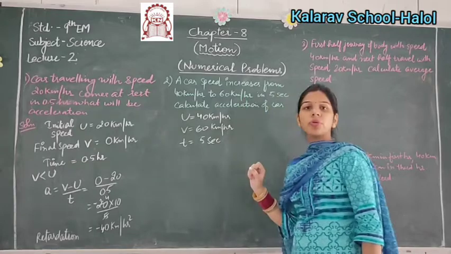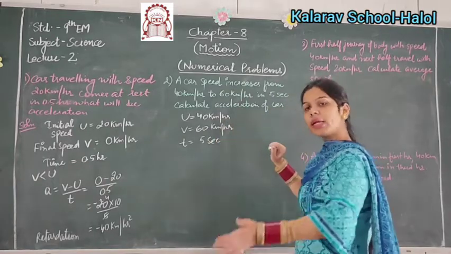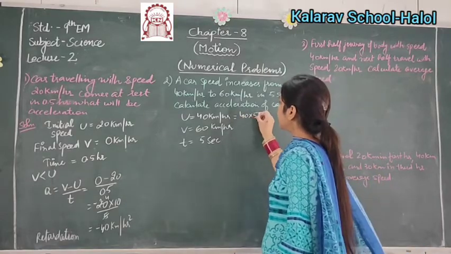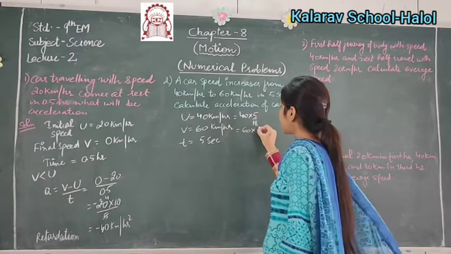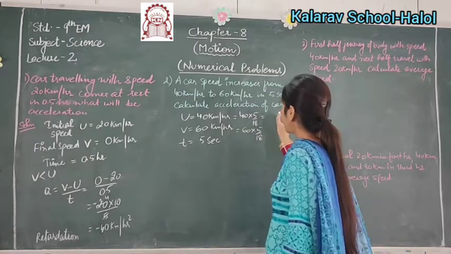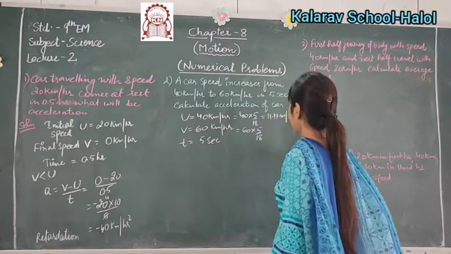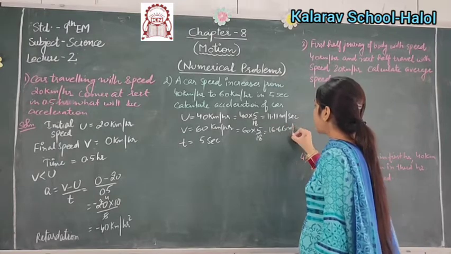So we have to change kilometer per hour to meter per second. How is it possible? 40 multiplied by 5 by 18, 60 multiplied by 5 by 18. So it is 11.11 meter per second and 16.66 meter per second.